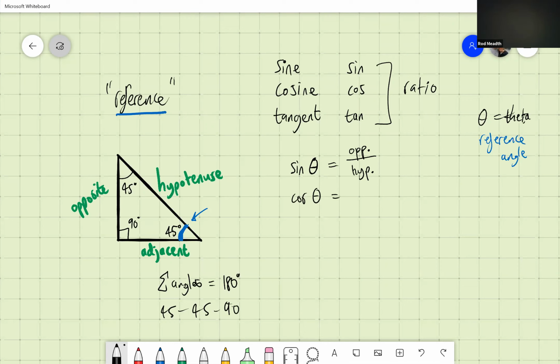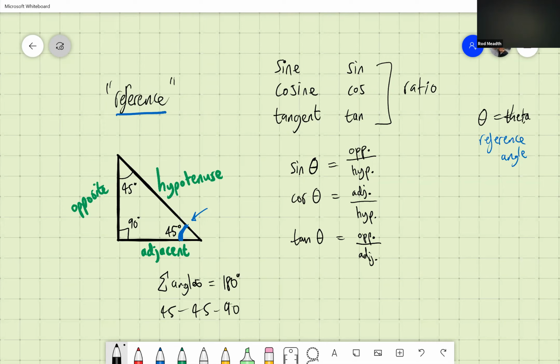Cosine of theta is the ratio between the adjacent side, ADJ, that says, and the hypotenuse. And tangent of theta is the ratio between the opposite side and the adjacent side. Now, this is what is in your textbook on page 27, so it's right there for you. I do recommend copying it out because this is vital stuff.